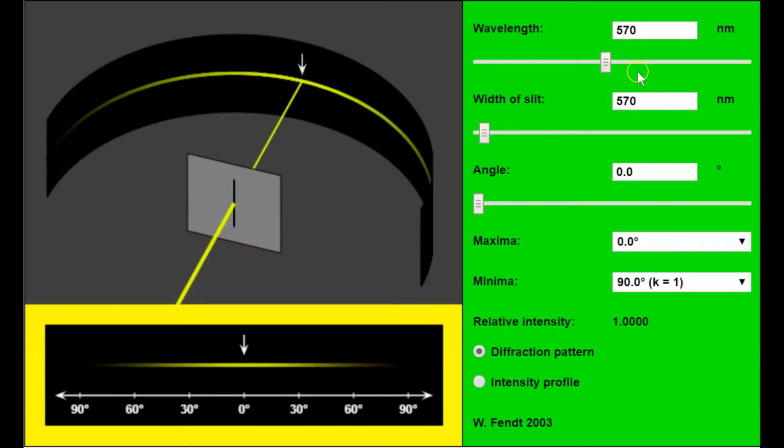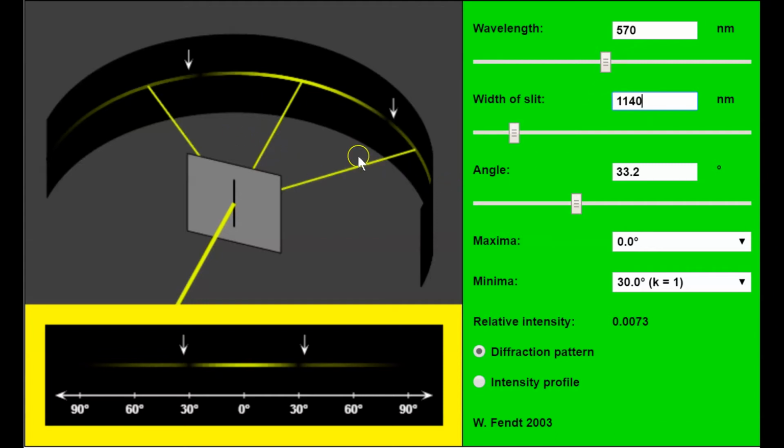So in this situation, the wavelength and the slit width are exactly the same. And if you look at the number of minimas here, it looks like you have one on each of the ends, where the only maxima is in the middle. Now, if I want to take that slit width and make it twice the wavelength, I'm going to type in twice the value, and I get this pattern.